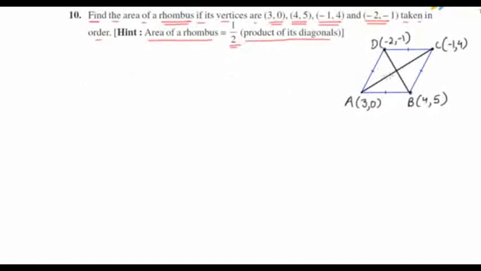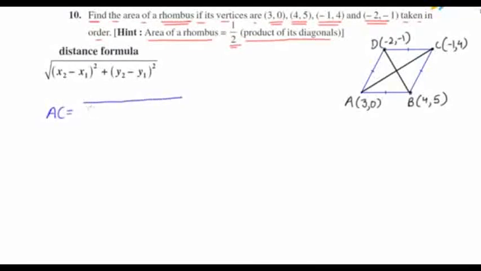So to find the length of AC and BD, we will use the distance formula. So AC is equal to the square root of (x2 minus x1) whole square plus (y2 minus y1) whole square, where A is 3, 0 and C is minus 1, 4. So minus 1 minus 3 whole square plus 4 minus 0 whole square.